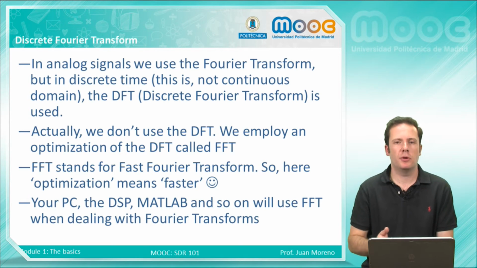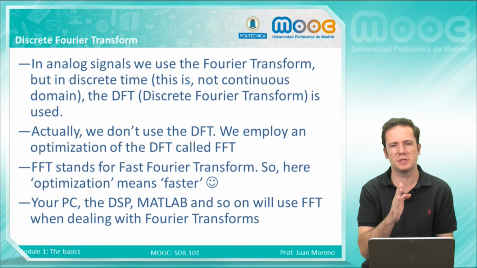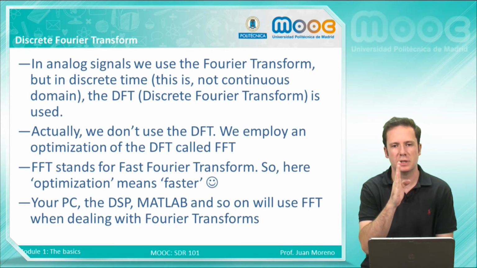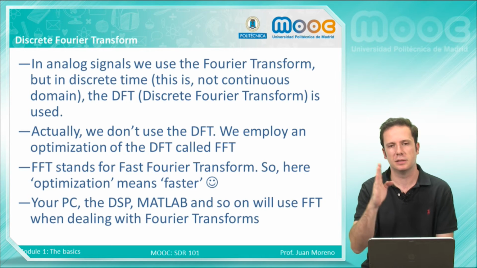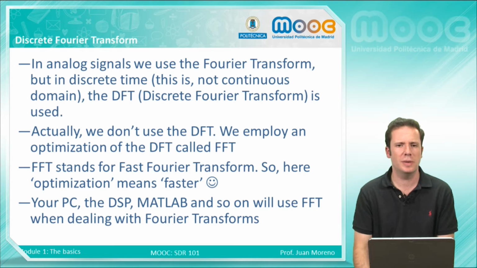What we have said before applies to analog signals, to continuous analog signals. But in discrete time, this is not the continuous domain. Discrete means that we will have signals that are sampled, so we will only have values at certain moments. In this domain, we won't work with the Fourier transform as we know it.